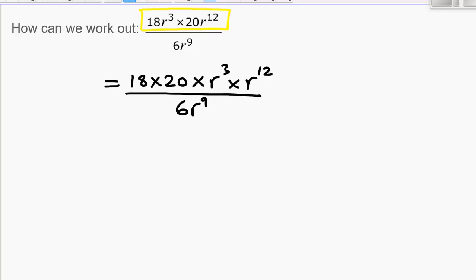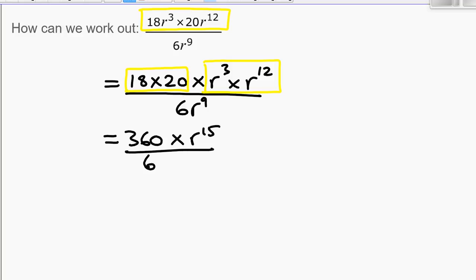Here we have whole numbers which you can multiply, and we also have these terms which you can multiply. So what we'll end up with is 18 multiplied by 20, which is 360, multiplied by r to the power 15. In the denominator we have 6 multiplied by r to the power 9.